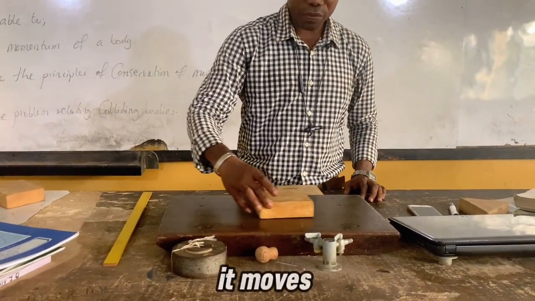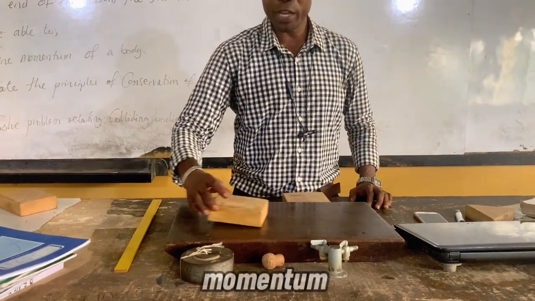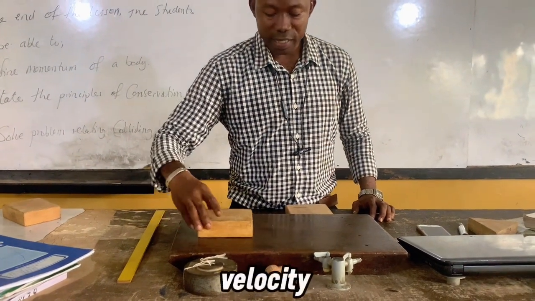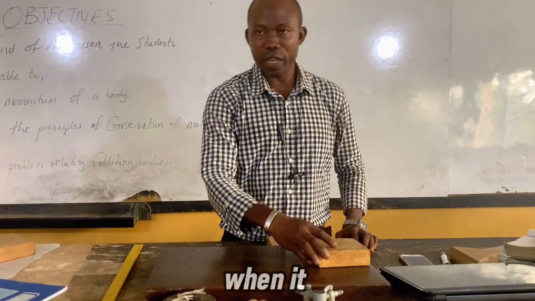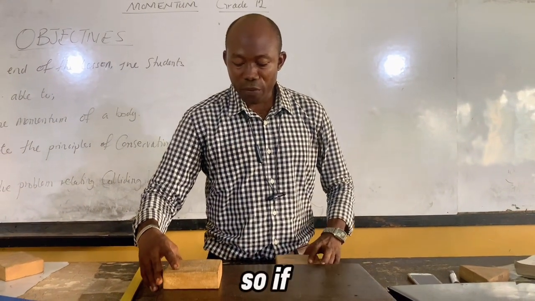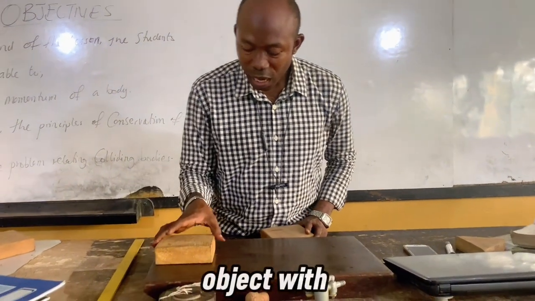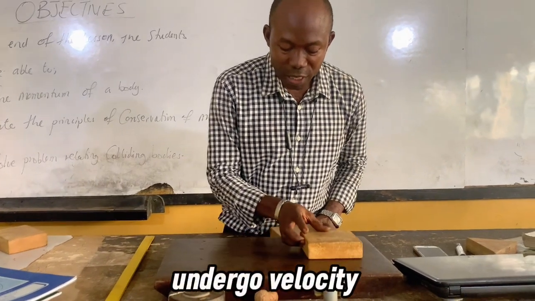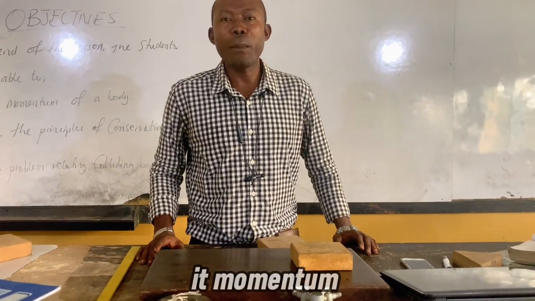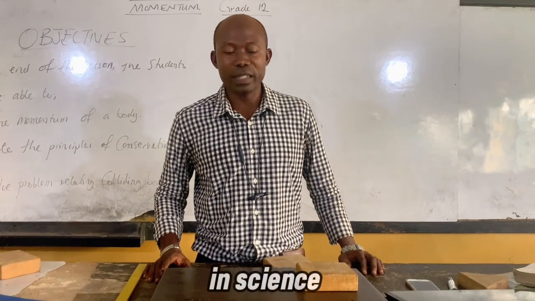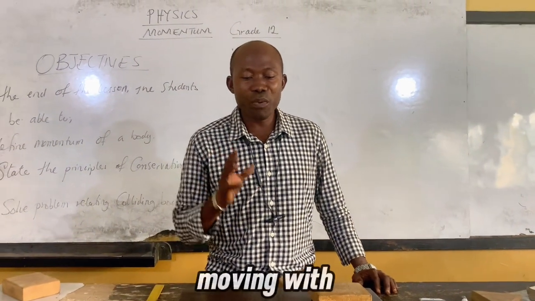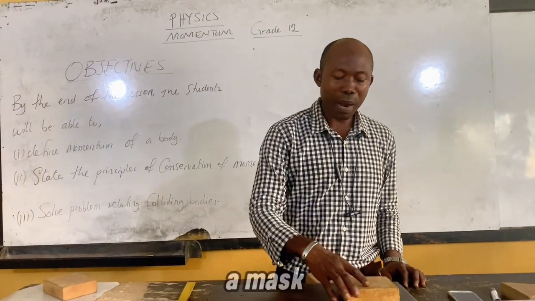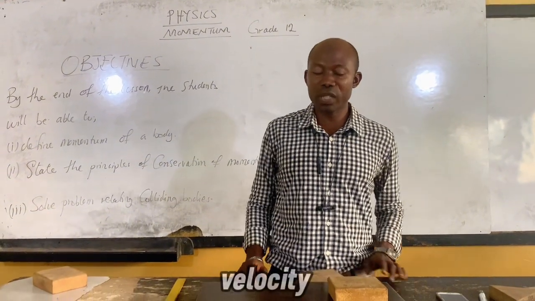So when it moves, it has a certain velocity. If the same object with a mass undergoes velocity, we call it momentum in physics. Meaning the object is moving with a certain momentum, which is the product of mass and velocity.